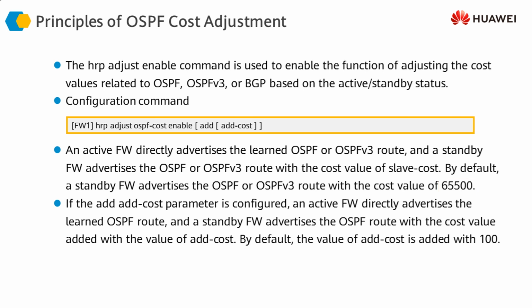If we give this add cost command, it is going to add whichever value we give here. By default, the value added is 100. If we give a value by giving the add cost metric here, then instead of 100, that particular value will be added to the original cost.